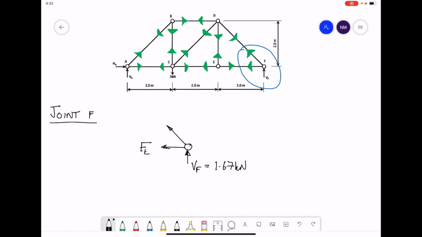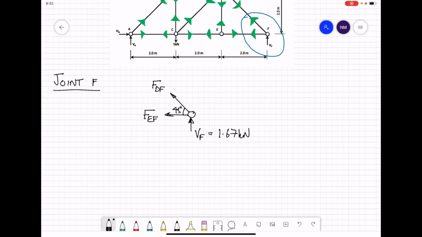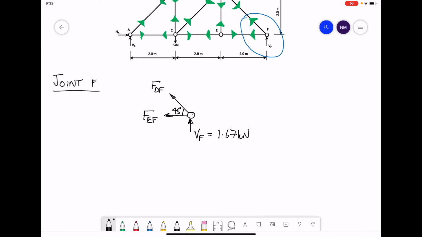We have force EF going horizontally and force DF at an angle. The angle again is 45 degrees. Force DF is the last remaining member force to work out, and to work out force DF we just need to do a vertical resolve at this joint.